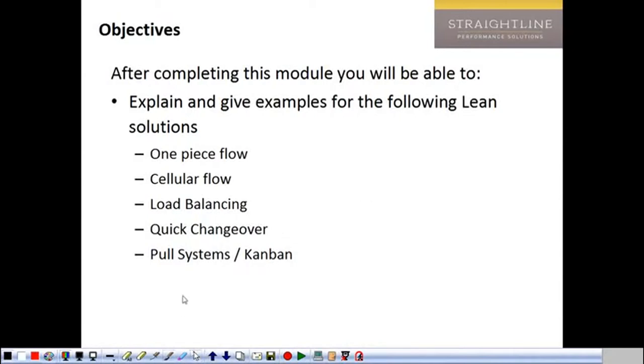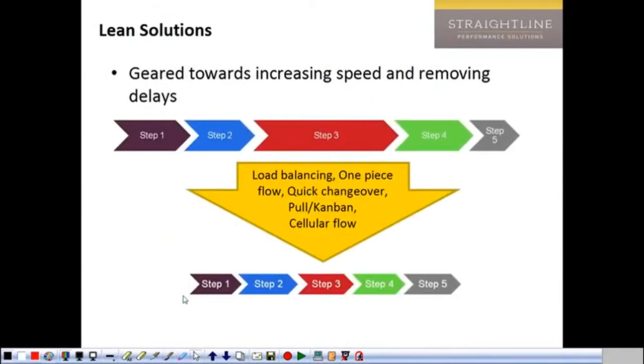Okay, so let's first of all talk about One-piece Flow. Before we do, what we're really trying to do, if we think about it from the very high level, is we're trying to eliminate waste in process. And in many cases, that means increasing the speed of a process in terms of delivery to customers and removing those delays.